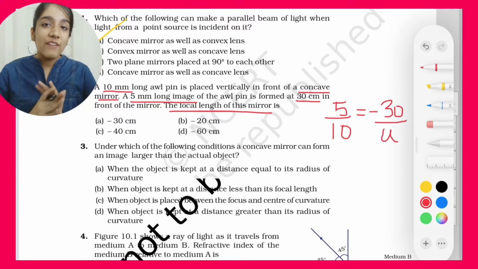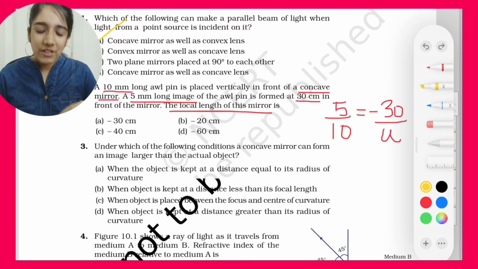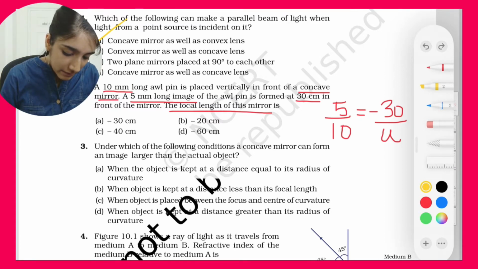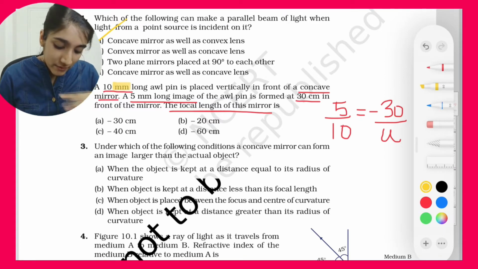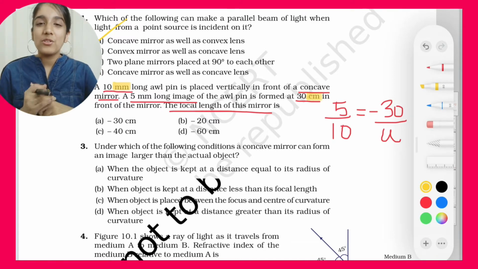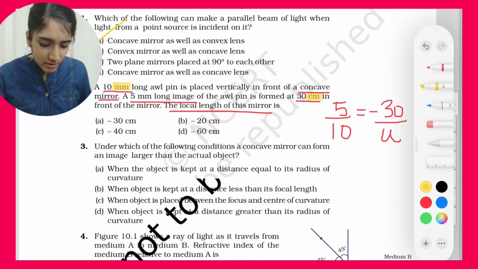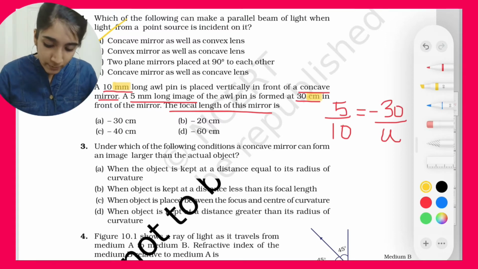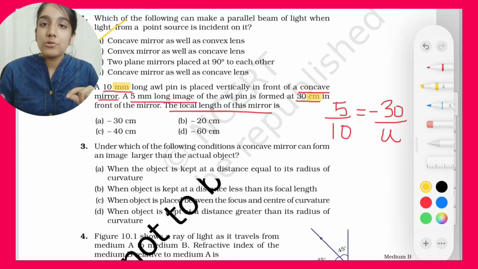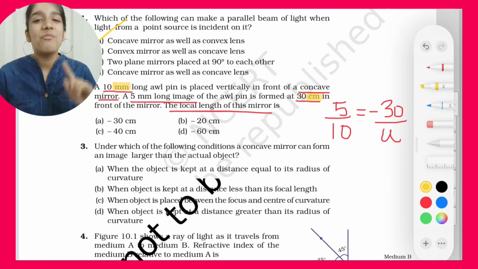But have you noticed that they have given us different units here? It is millimeters over here for the height, and the distance of the image is in centimeters. So we have to convert them into a standard unit, right? So let's convert them into centimeters first. If I convert 10 millimeters into centimeters, it will become 1 centimeter.